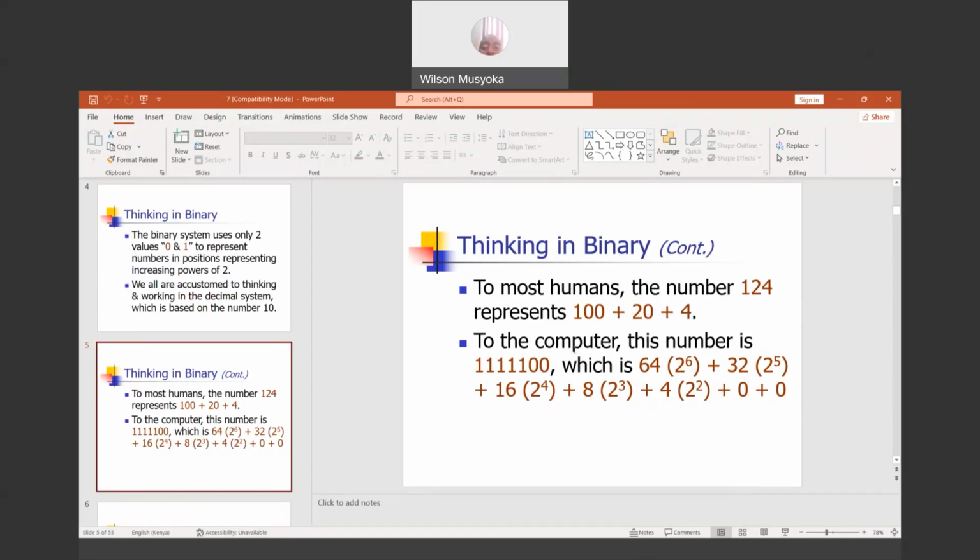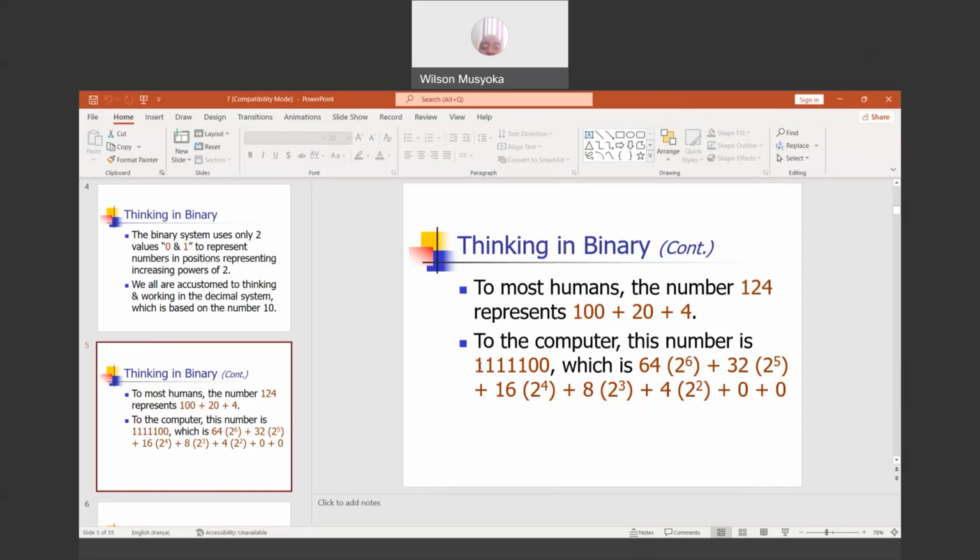To the computer, this number is going to be 11111100, which is 64, whereby that is 2 to the power of position number 6, 32, which is 2 raised to position number 5, and 16, that is 2 raised to position number 4, 8, 2 raised to position number 3, and 4, which is 2 raised to the power of 2, and then 0 and 0. That is the positional value.